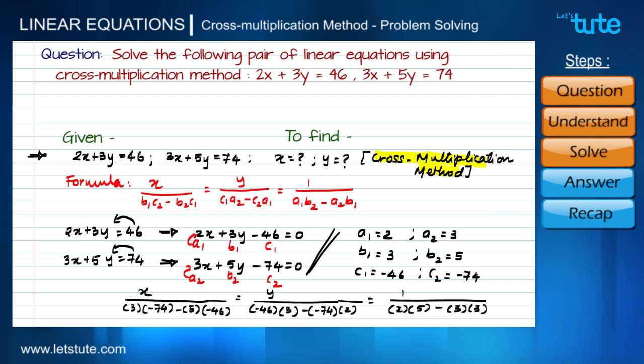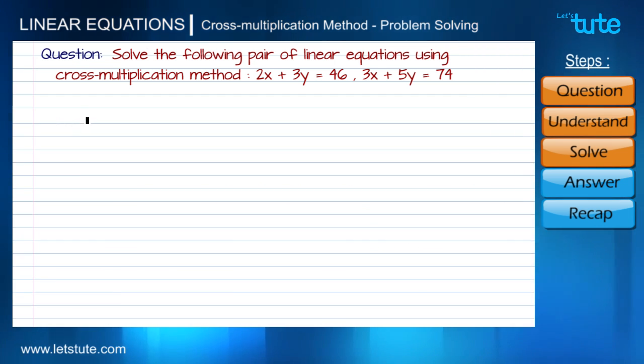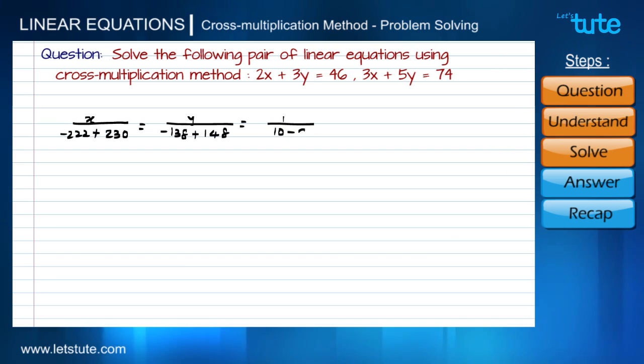So now you can see that we have substituted values for a1, a2, b1, b2 and c1, c2 into their respective places according to the formula. So when we calculate, we get x upon minus 222 plus 230 equals to y upon minus 138 plus 148 equals to 1 upon 10 minus 9.